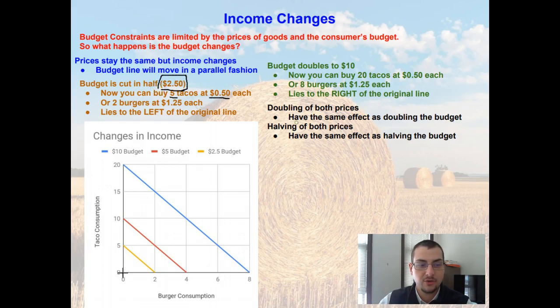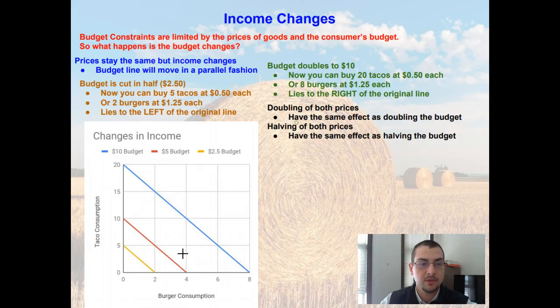So you can have 0 hamburgers and 5 tacos. On the other side, remember the burgers are still $1.25. So for $2.50, if you bought no tacos, you could buy 2 hamburgers. So if your budget was $2.50, this line would show you all of the feasible combinations of goods that you can buy.